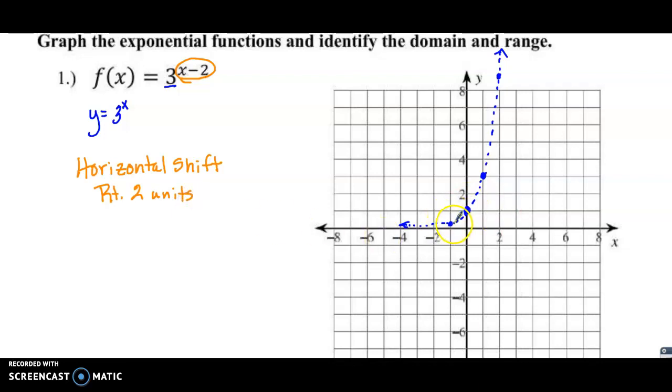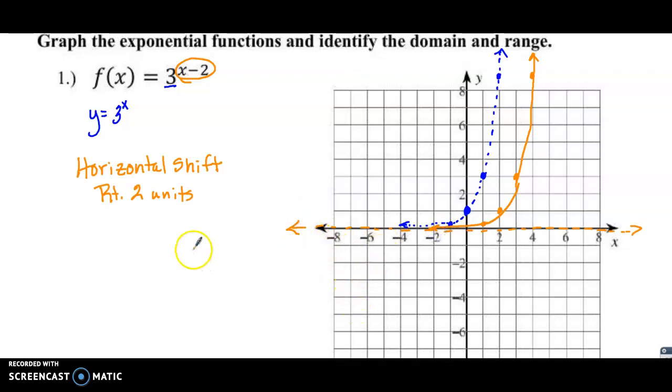Each point will move 2 units to the right. I could take this 1/3 and move it 2 units to the right. Notice my asymptote still stays here. It does not move. If it helps you to draw that in, you can. And then you can connect these with a solid line. Hopefully your line is prettier than mine.